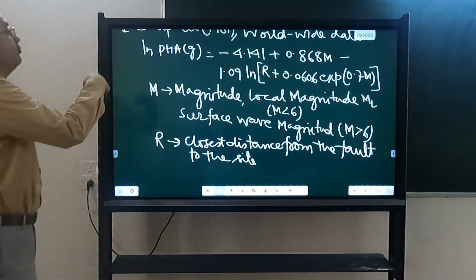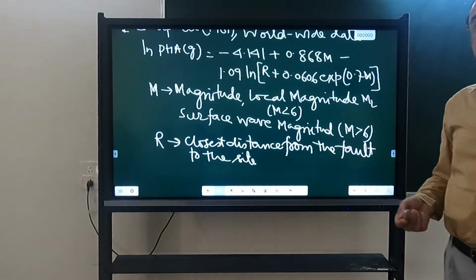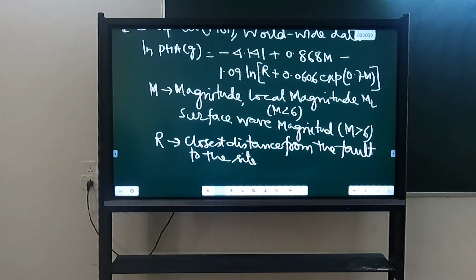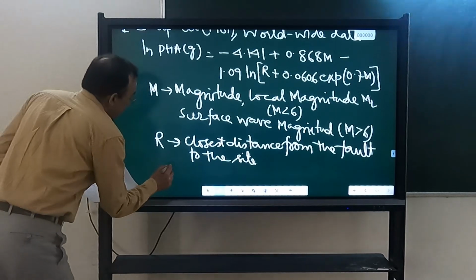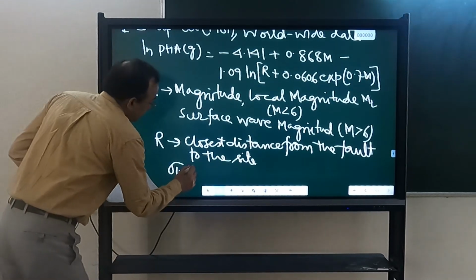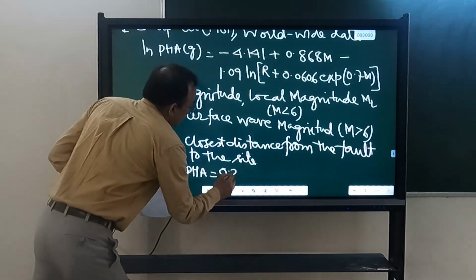And when you are fitting an equation, there will always be some variability. All the data is not going to fit perfectly. So there will be some variability, and that variability we can represent by standard deviation. So they also calculated the standard deviation in log of PHA, which is equal to 0.37.